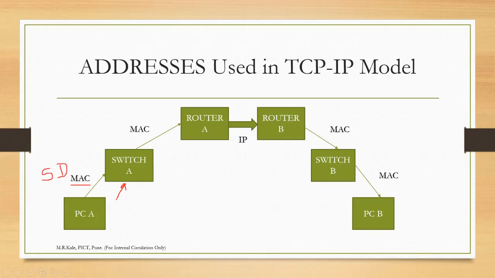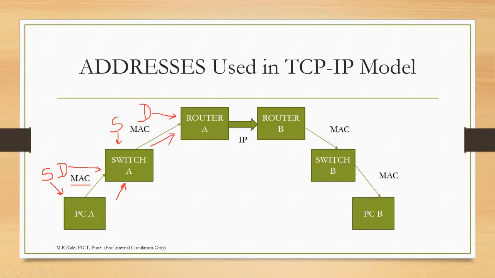So during this data transfer, source MAC will be the MAC address of PC A and destination MAC will be the MAC address of switch A. When the data comes to switch A, for the next transfer, the source MAC of the data packet will be switch A's MAC and the destination MAC of the data packet will be the router's MAC.